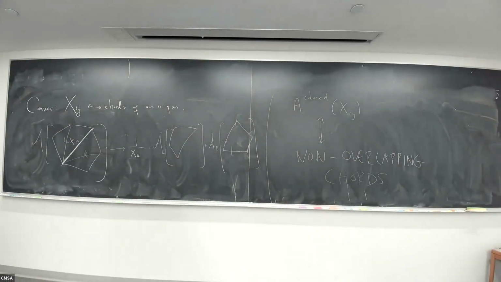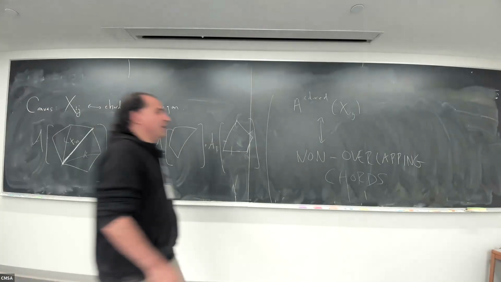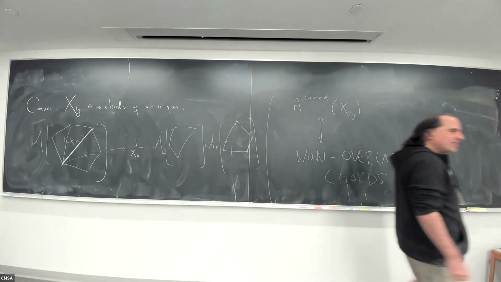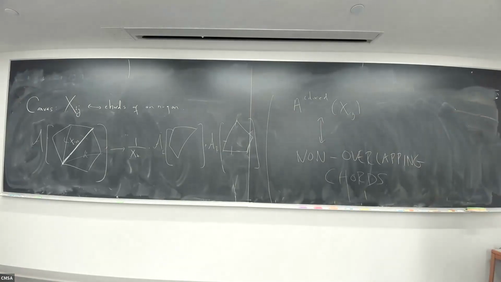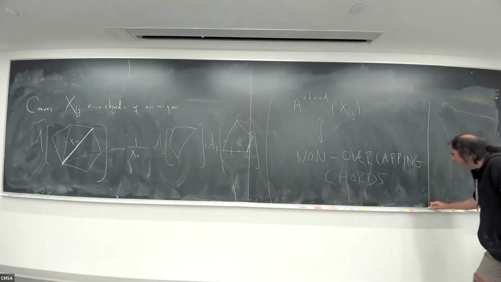Every single one has the 1 over x associated with it. The amplitude is the sum of the product of all these 1 over x's. But taking care of non-overlapping chords means that I have objects that satisfy both locality in space-time as well as quantum mechanical unitarity.